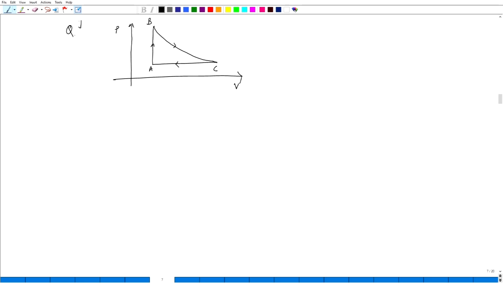This is a JEE 2014 question, I think. No points are given, only the temperature at different points. At A the temperature is 400 Kelvin, at C the temperature is 600 Kelvin, and at B the temperature is 800 Kelvin.